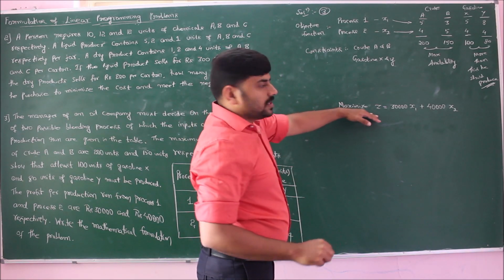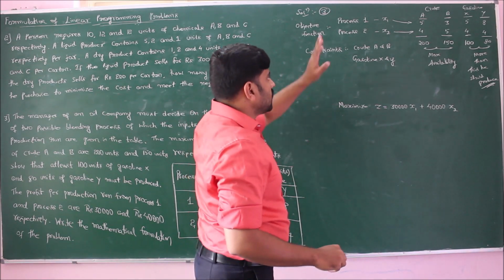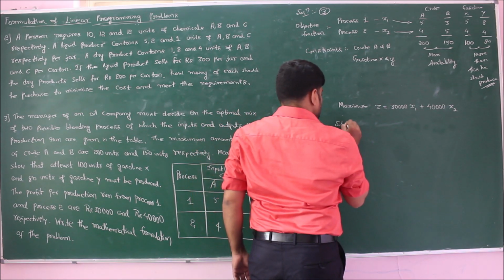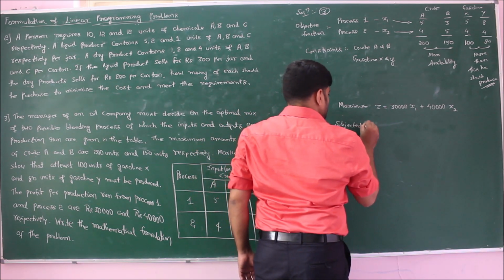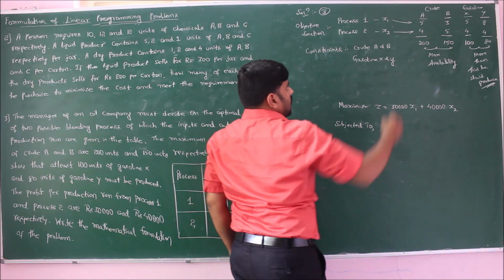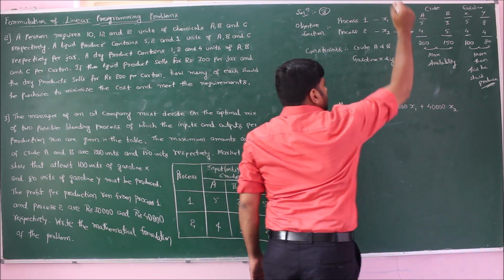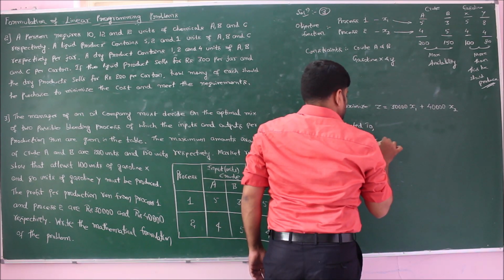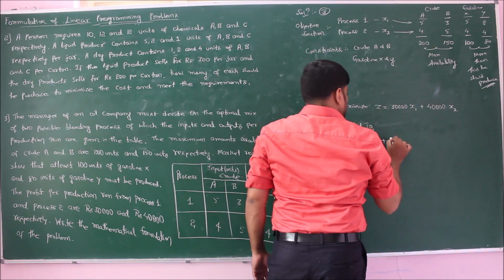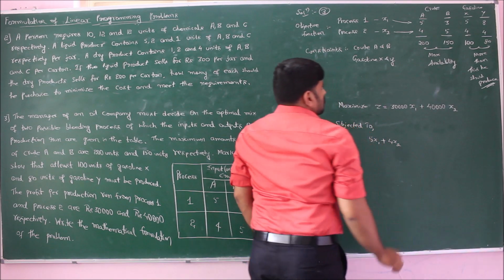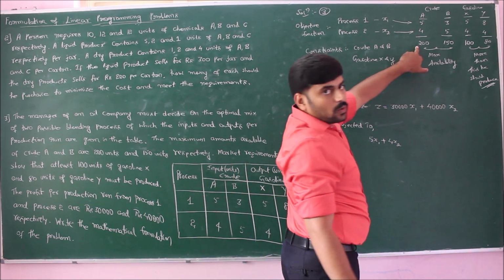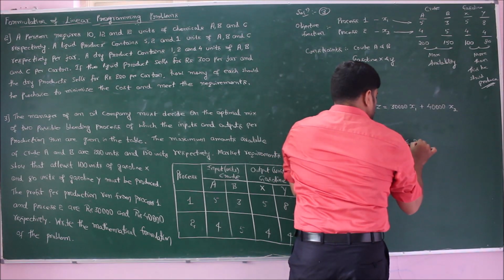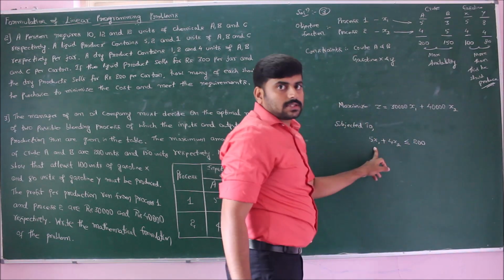So this objective function is subjected to the constraints. The constraints are, for the crude A constraint, 5 units of X1 plus 4 units of X2. The maximum availability is 200 units.